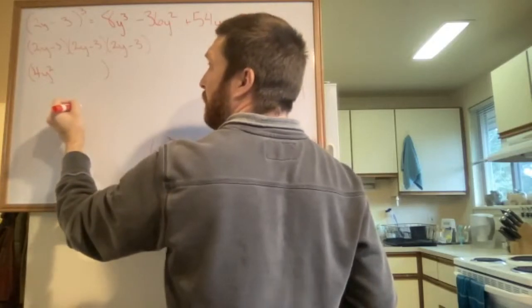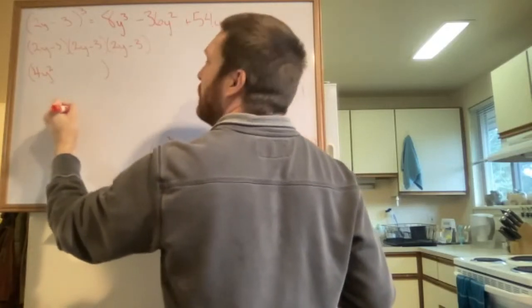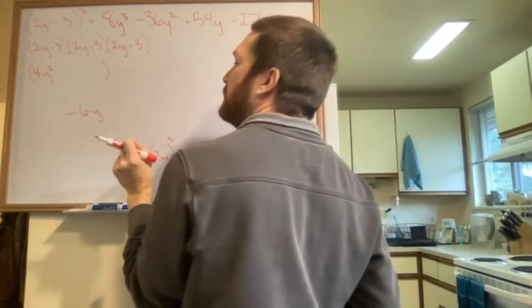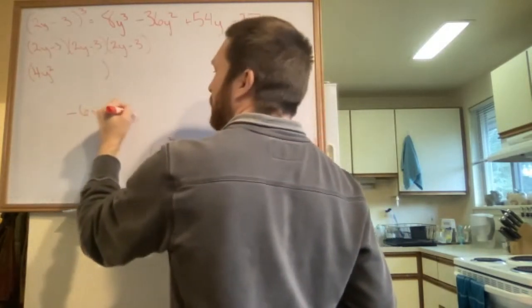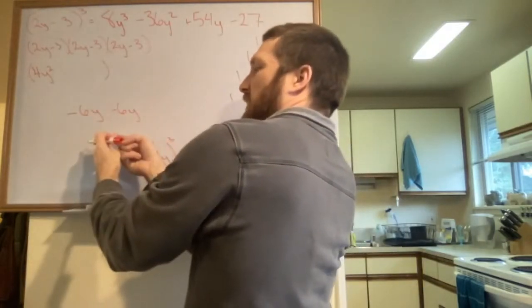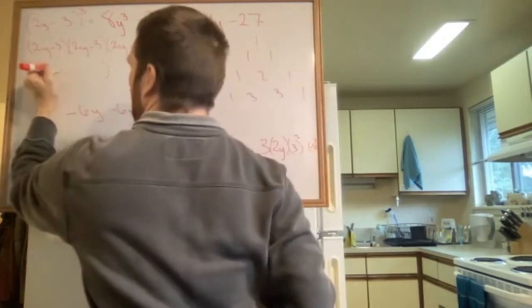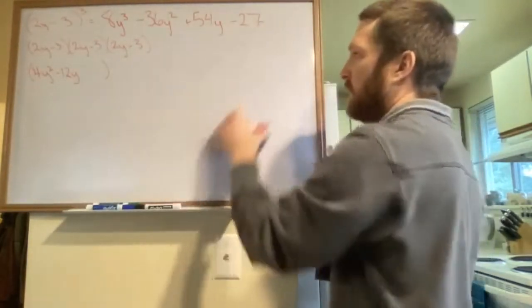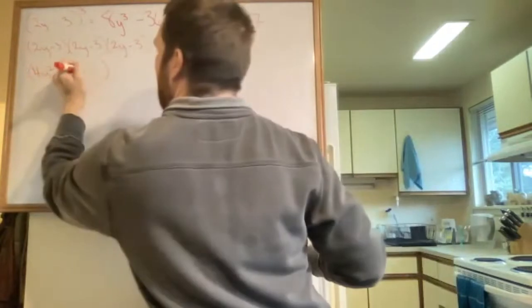Minus 6y. What about my inside? Minus 6y, another minus 6y for a total of minus 12y. And what do I get with my last? Plus 9. There we go.